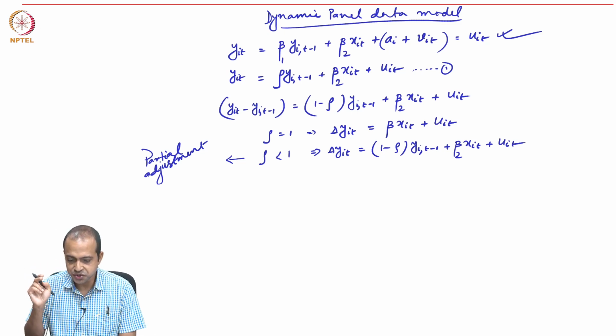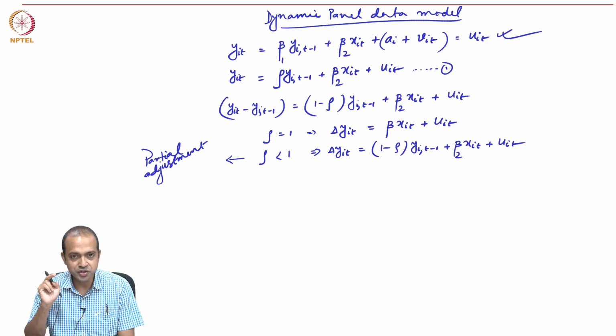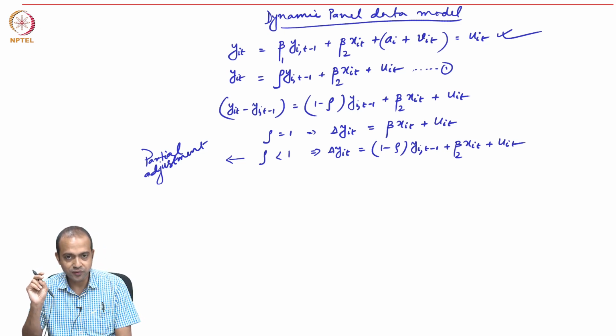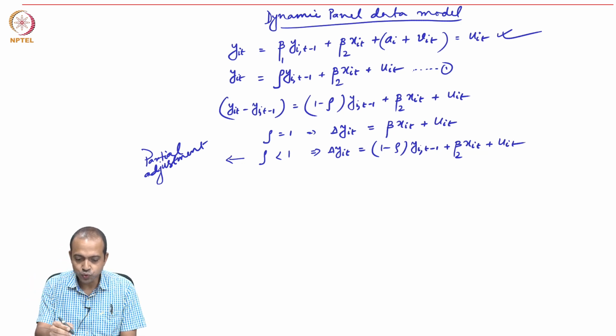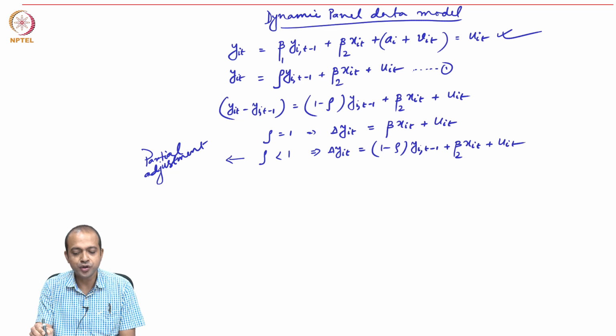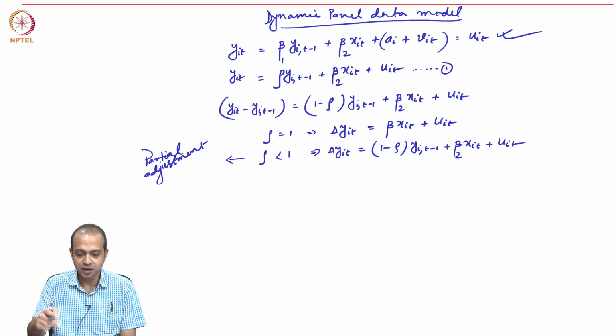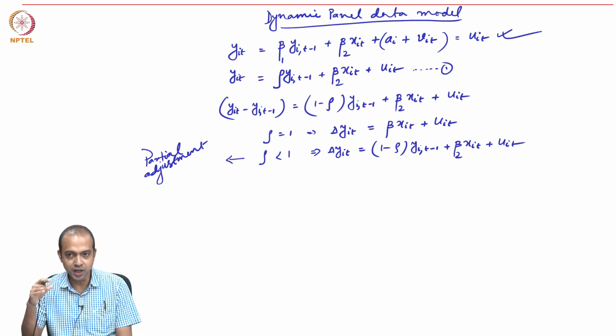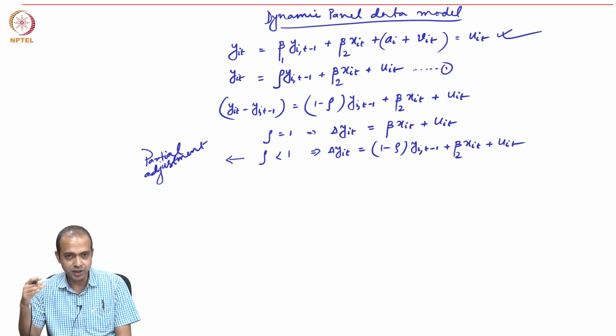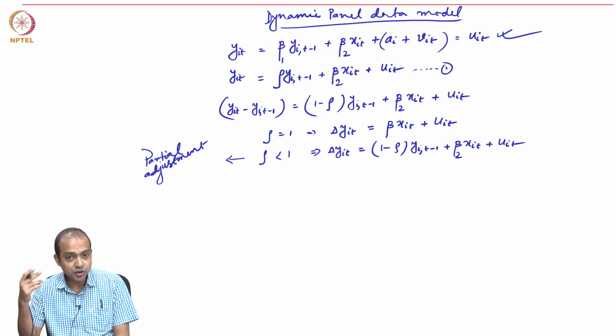The first persistence is due to the presence of this unobserved effect, which is a_i. Since y_it is related to a_i and a_i does not have a t subscript, that means y_it minus 1 is also related to a_i. That means in each period, one of my explanatory variables, the lag dependent variable, is related to a_i, and that is one source of persistence.